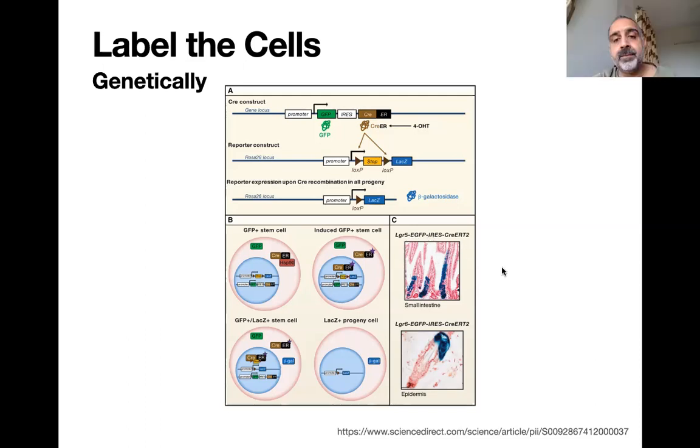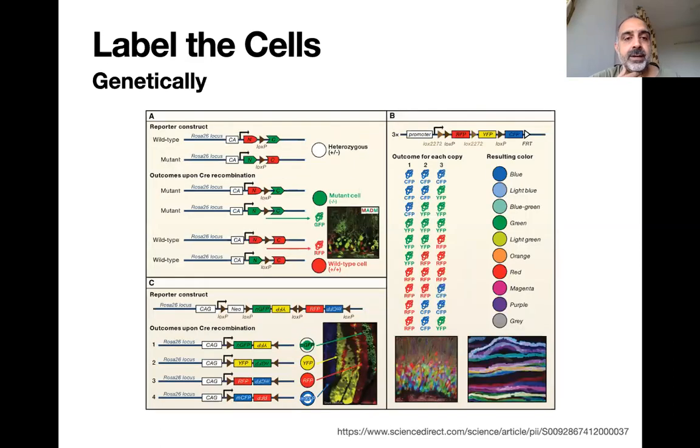So this kind of Cre-mediated recombination has been further finessed. You can, of course, add in multiple combinations of fluorescent proteins, for example, and have different types of recombination to make different colors.